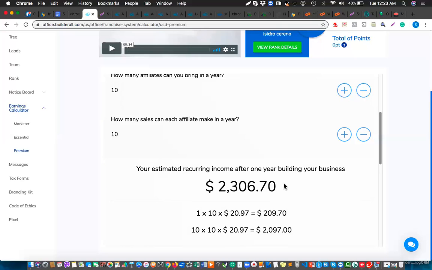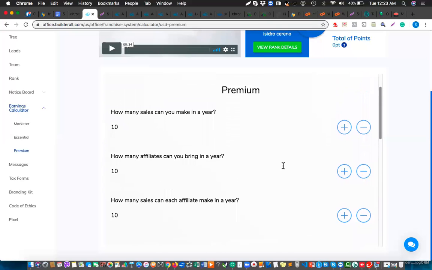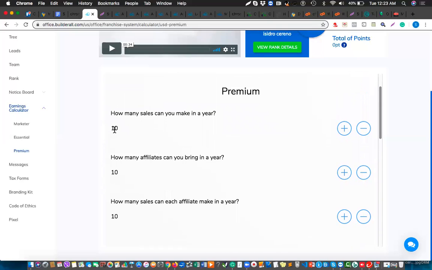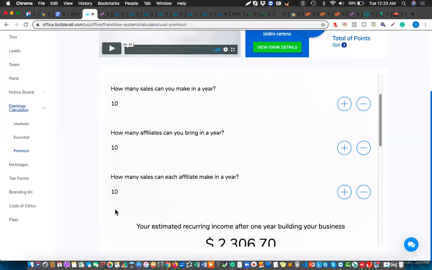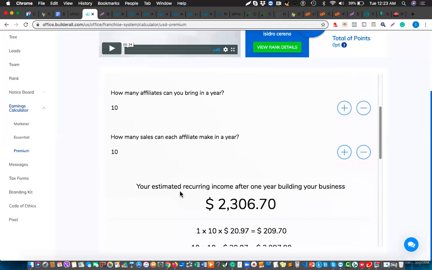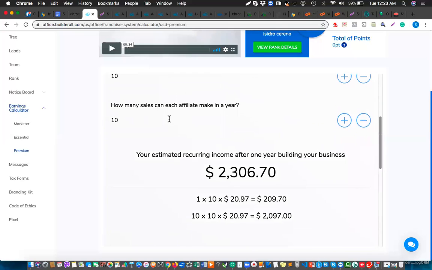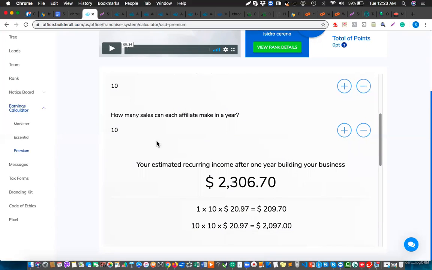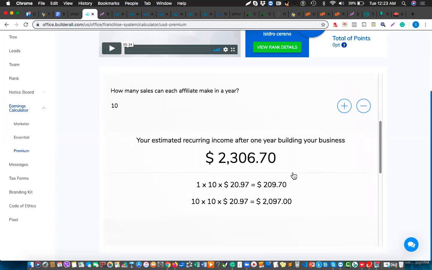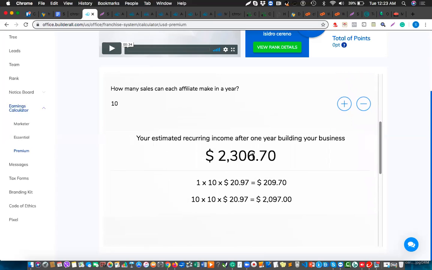So when you make 10 sales and help each of those 10 people make 10 sales under them, that is 2000 sales. When these 10 people make 10 sales under their belt, your estimated recurring income after 1 year building your business would be $2,300 a month.